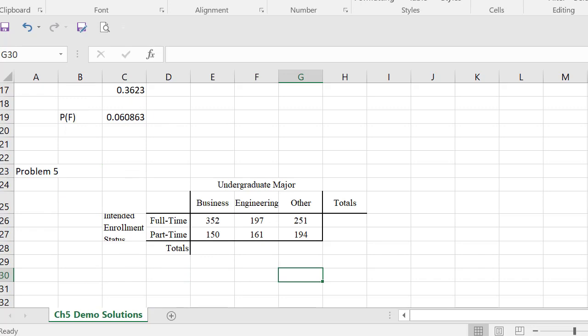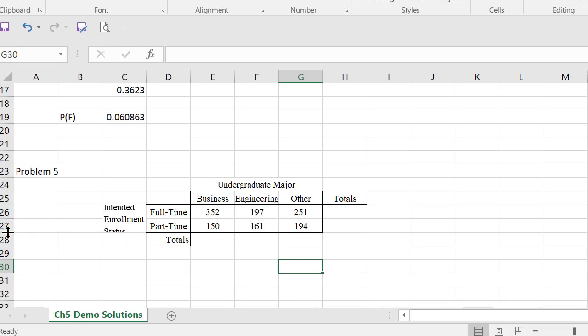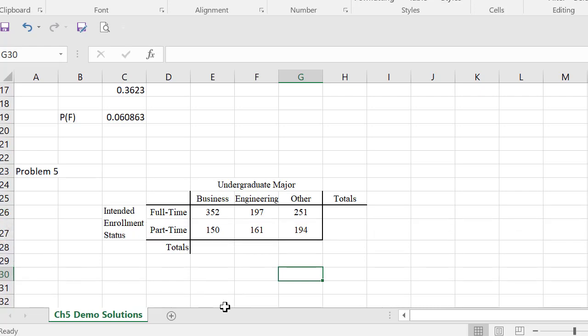So I've set up problem number 5 like it's in the book, and copied some formatting over. So all you really need are these numbers right here.